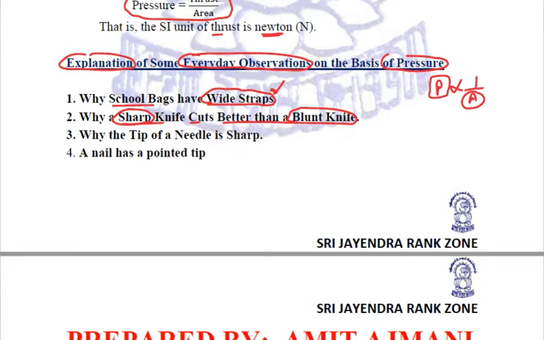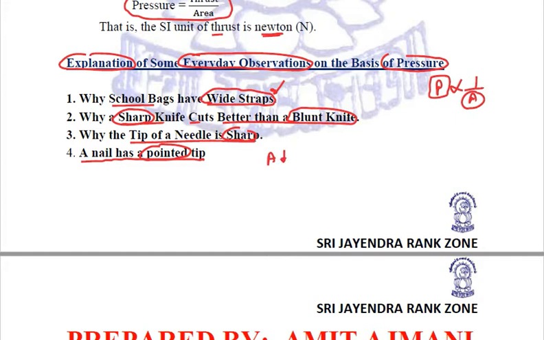We have seen the tip of a needle is very sharp. Why is it so? Or a nail has a pointed tip just like a needle. Why is it so? Because by making the tip sharp or pointed, we are actually decreasing the area.